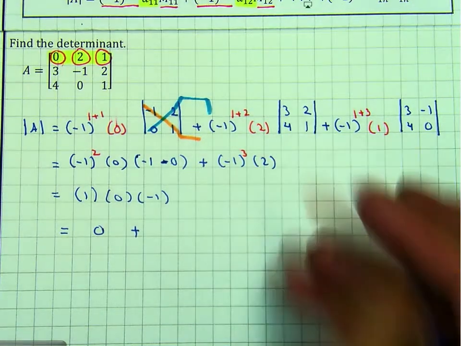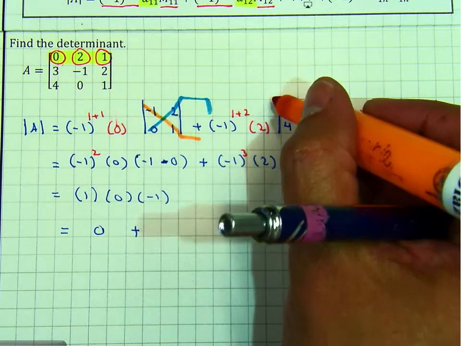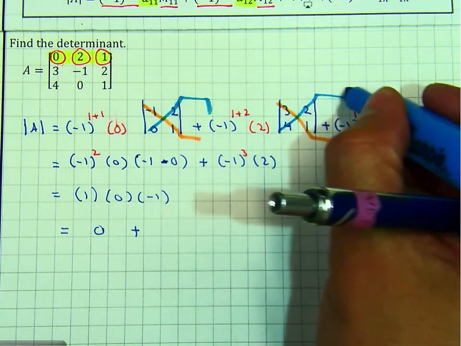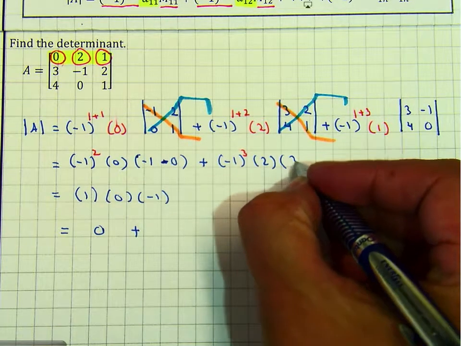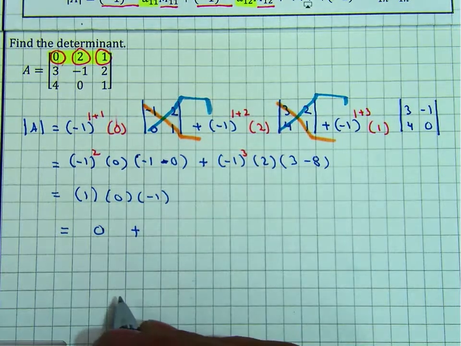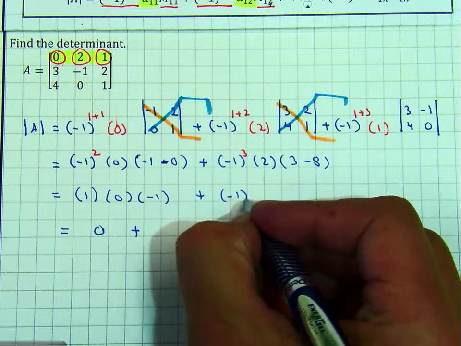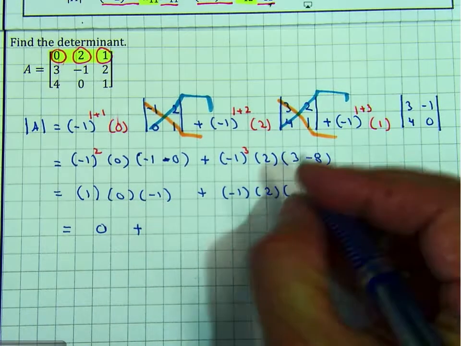And I'm going to find the determinant of a 2 by 2, which is the easy part. That is 3. And that gives me 8. So it'll be 3 minus 8. Plus -1 to the third power will be -1 times 2. And 3 minus 8 will give me a -5.